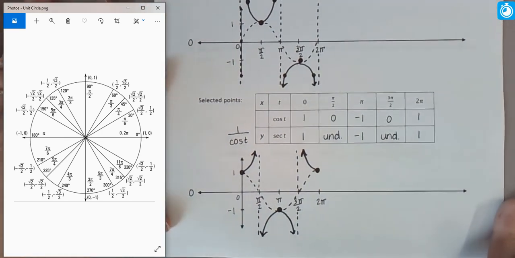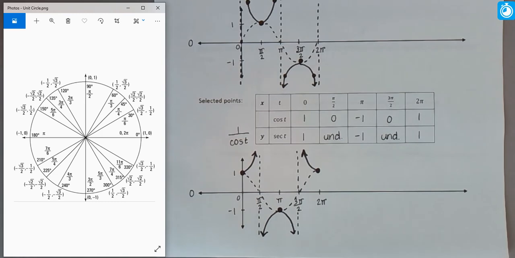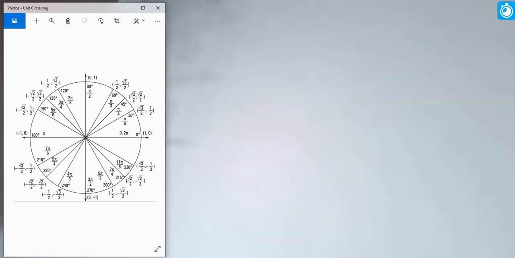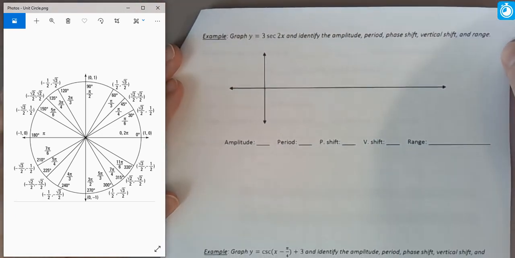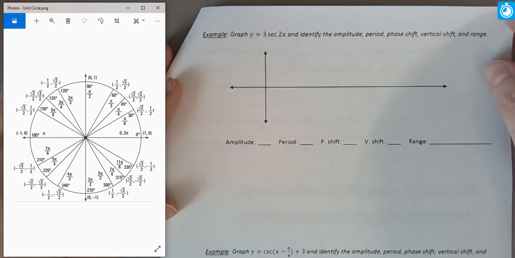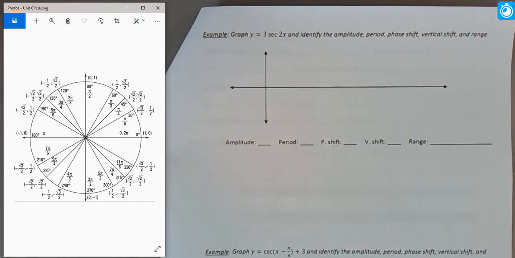So let's talk about how you would graph transformations of these particular functions. Here's the general rule, something that will make your life a little bit easier. If you're going to graph a secant, I want you to pretend for a minute that you're graphing the corresponding cosine.